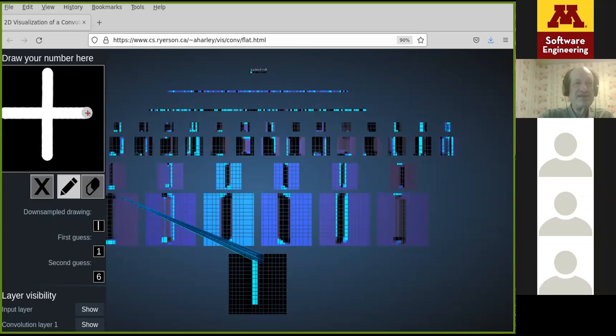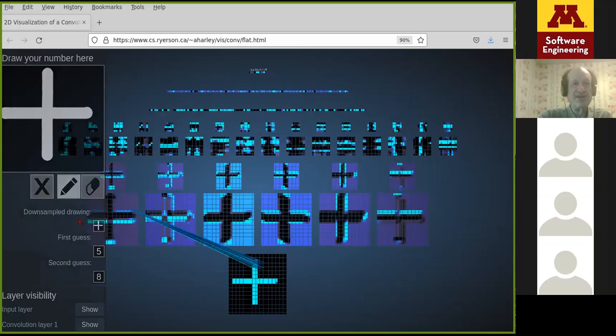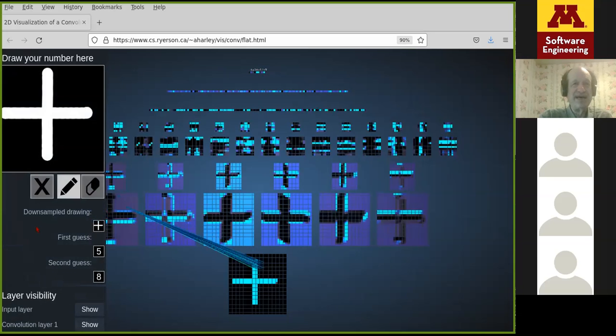So if I draw something that it never saw in the training data, it'll try to classify it as a digit, because the digits are the only things that it's ever seen. It will coerce it into what it has seen.